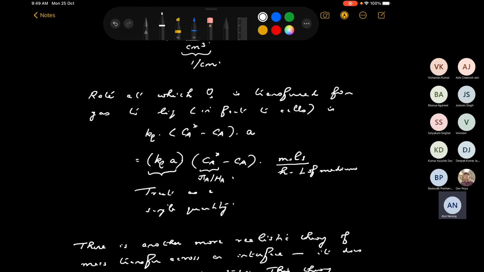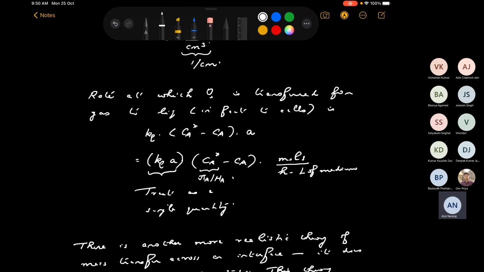And actually, typically, KLA is treated as a single quantity because it's very difficult to measure either KL or A separately. The experimental tools that we have allow us to measure only this thing jointly. It's not that we're unable to, but it's extremely tedious to disentangle KL and A separately, even though physically they're separate quantities.